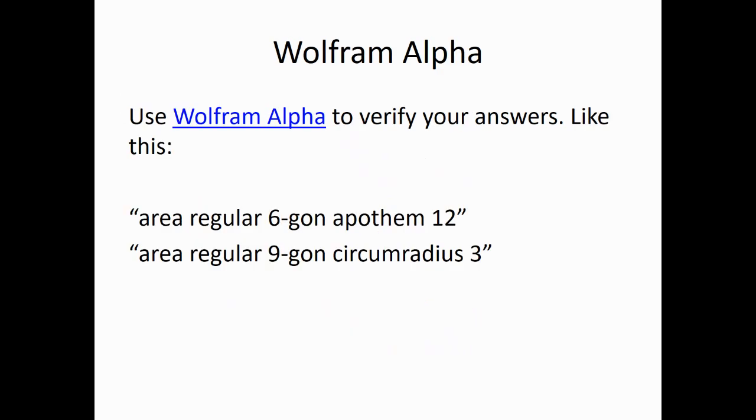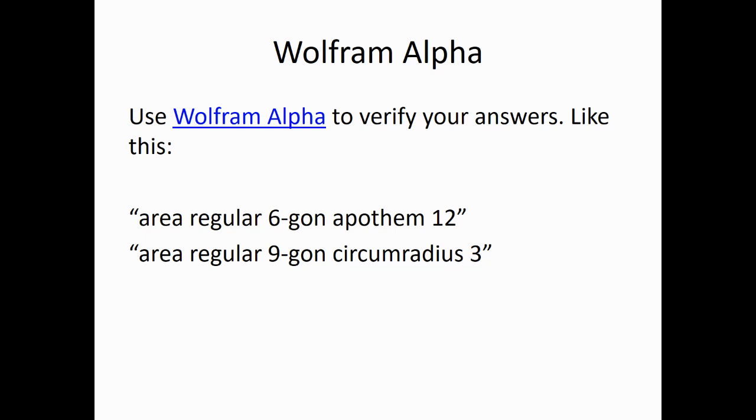Now, as for how you'll actually verify that the work you do on today's assignment is correct, well, I didn't put any answers in the solutions file. And the reason I didn't do that is because I didn't need to do that, because you have available to you this online tool called Wolfram Alpha that will answer your questions for you.